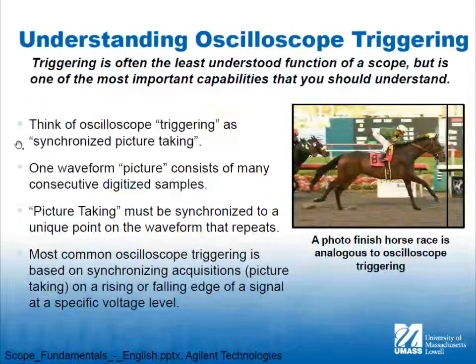So this is what it does, right? The triggering of the scope. So they use the photo finish for the horse, which is a good example, but not perfect. So the idea here is there's some sort of optical trip here. And when something disrupts that optical signal, it takes a picture, right?